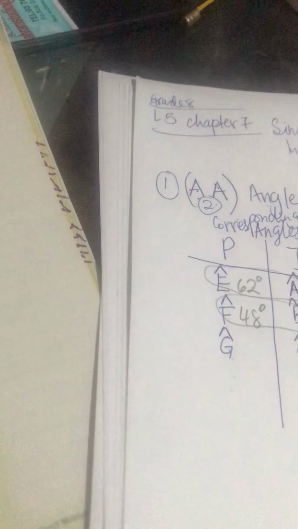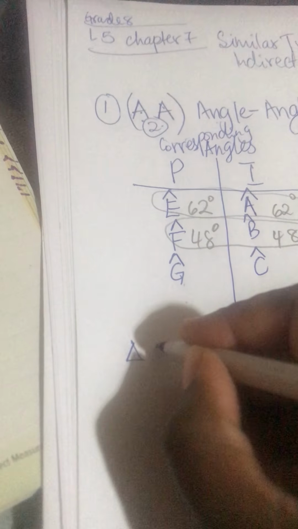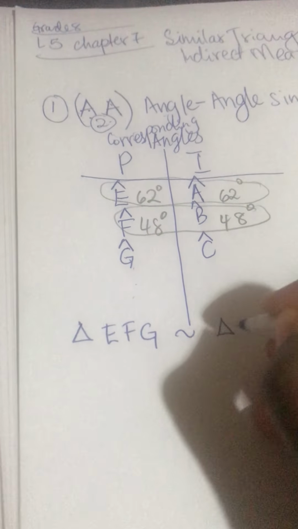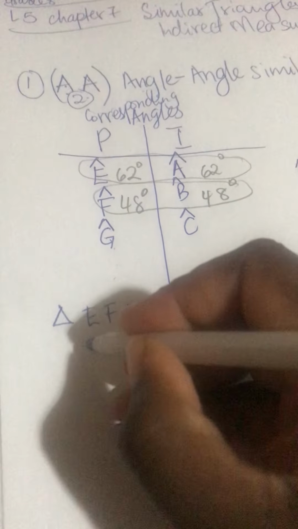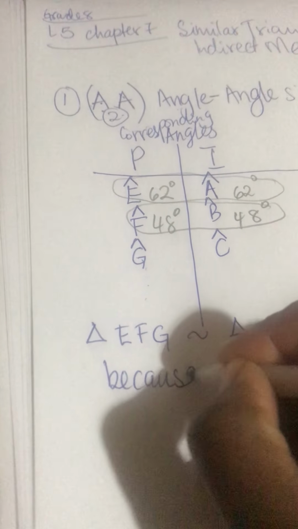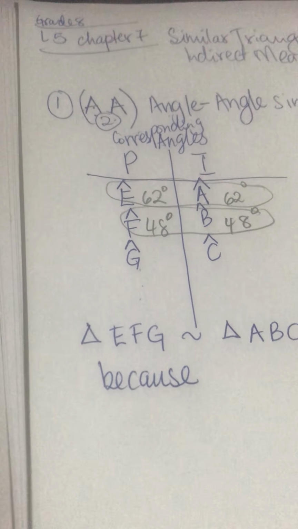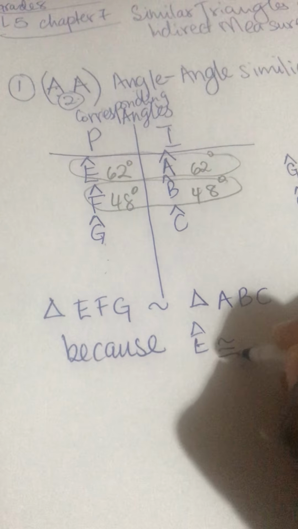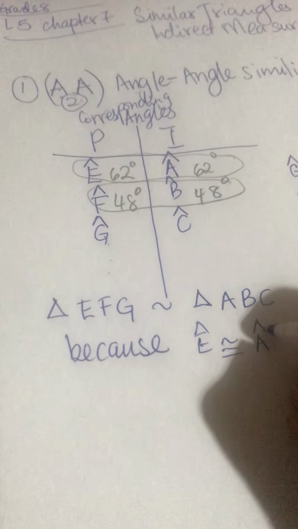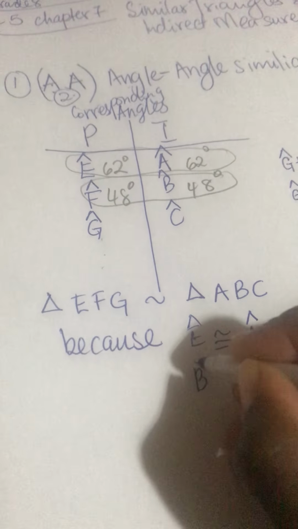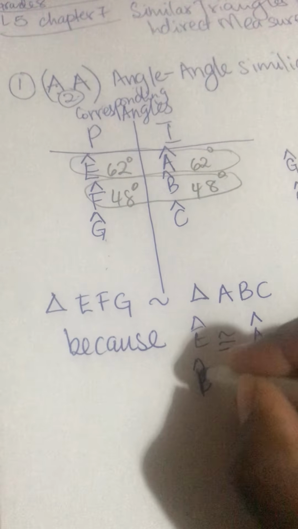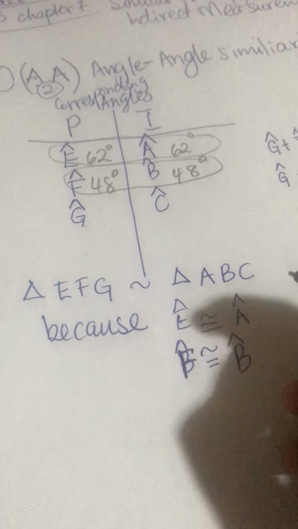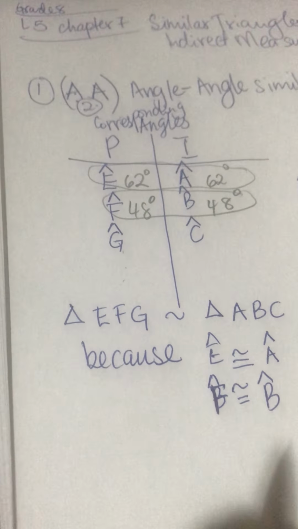So therefore, I will say triangle EFG is similar to triangle ABC because angle E is congruent to angle A. Angle F is congruent to angle B. And that is my reason.